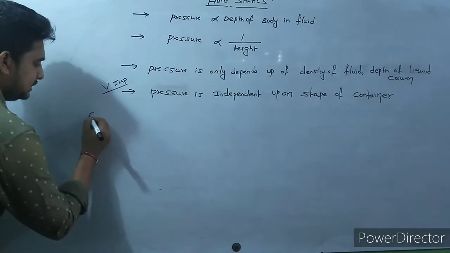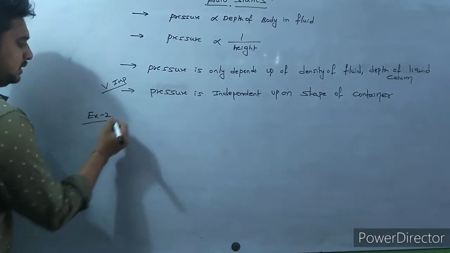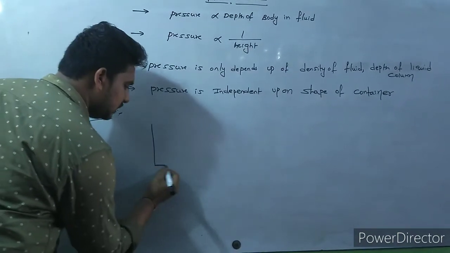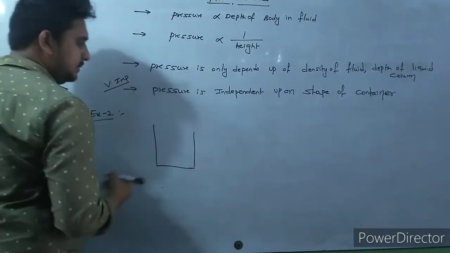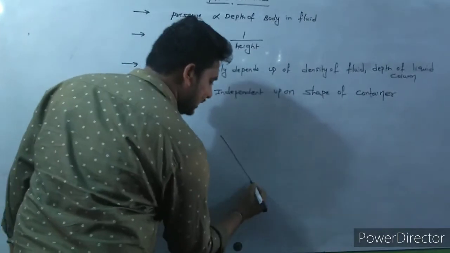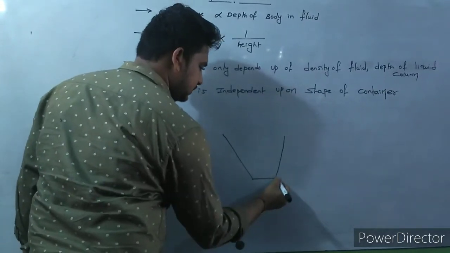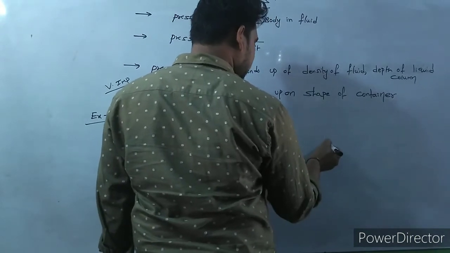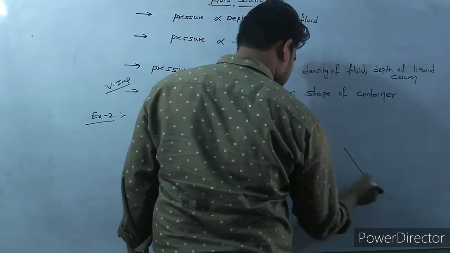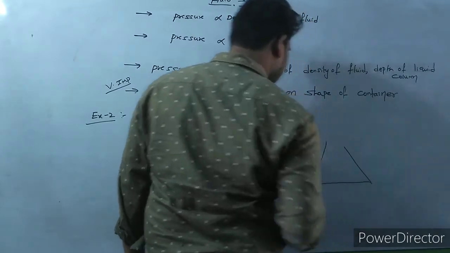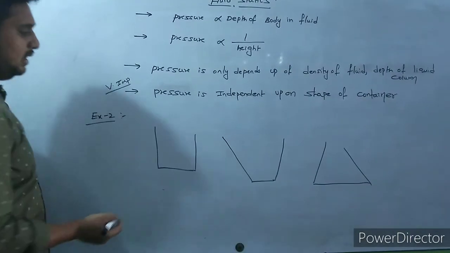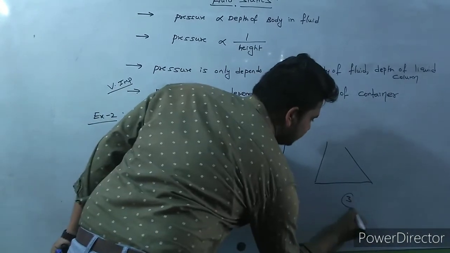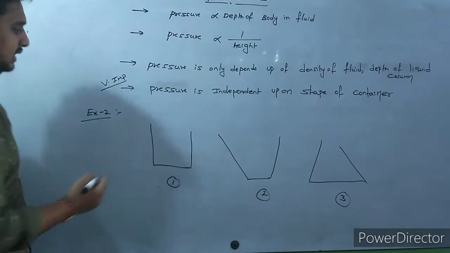One example I discussed. Example 2. Observe carefully. Here I am taking the first container like this, the second container like this, and the third container like this. Let us consider three containers.